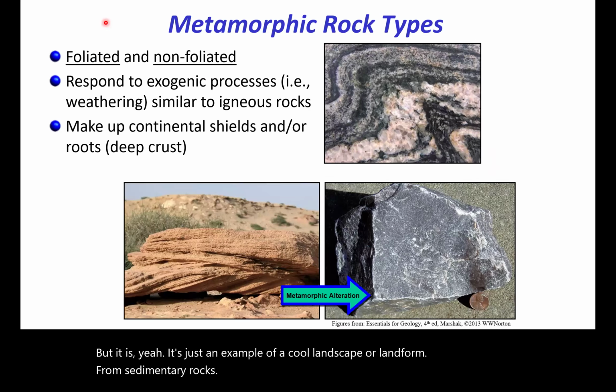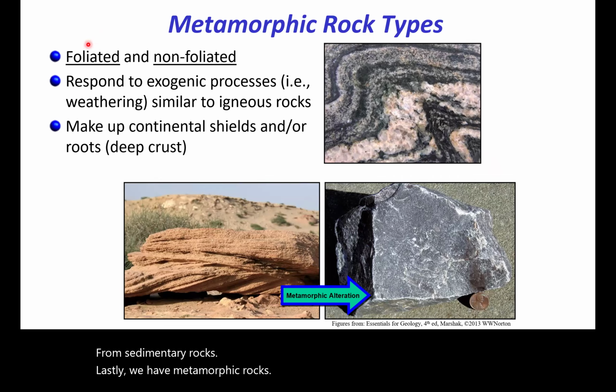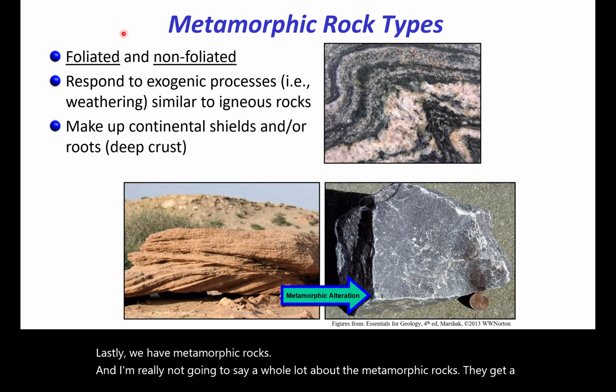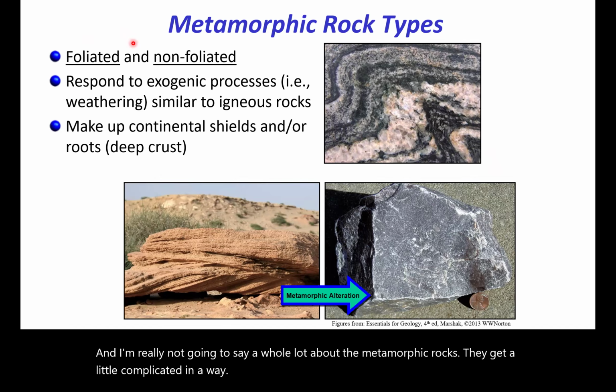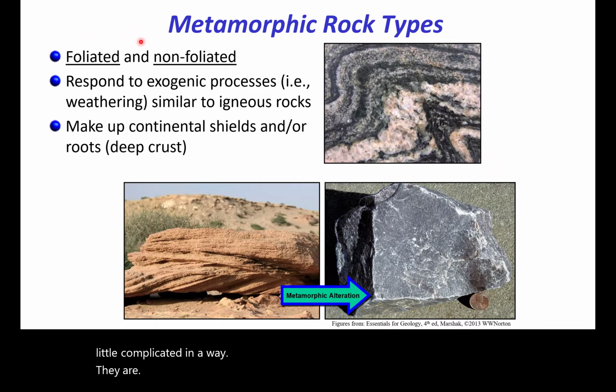Lastly, we have metamorphic rocks, and I'm really not going to say a whole lot about the metamorphic rocks. They get a little complicated in a way, but they are crystalline, meaning that there's no cement holding the minerals together.